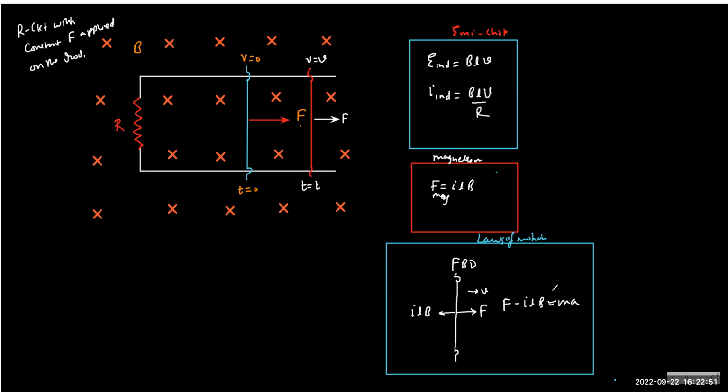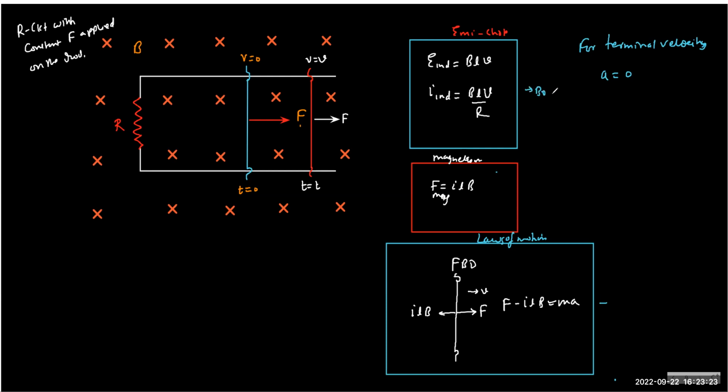But something really interesting: since we were looking for terminal velocity, the rule is simple. You come to the laws of motion part, and the moment the rod attains a constant velocity, its acceleration will vanish. Isn't it? So just substitute A equals 0 in the third equation, I mean, third box.